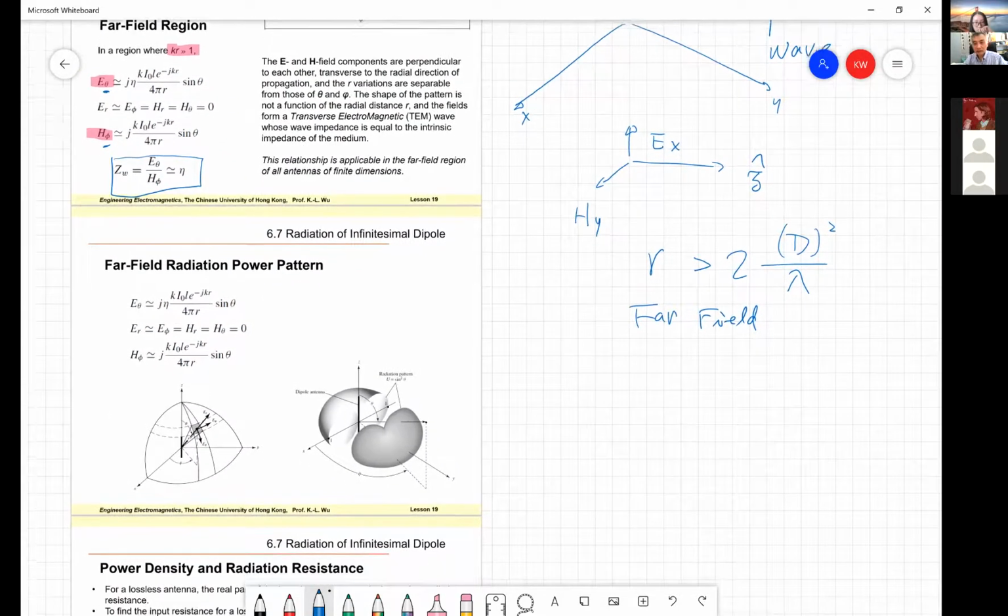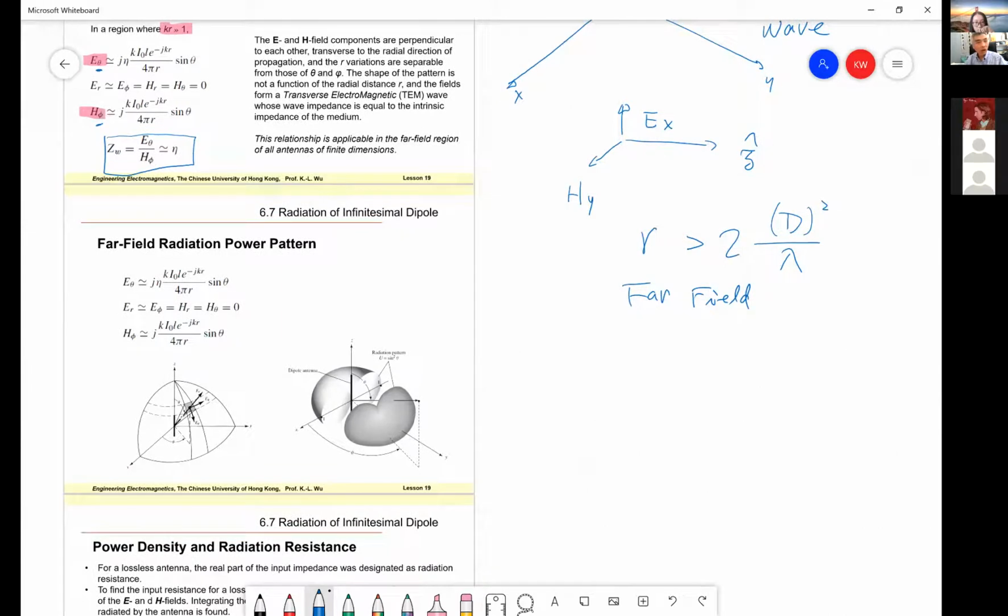But the interesting thing is we know how the antenna radiates in all directions: in what direction you receive signal most, and in what direction you receive nothing. This is what we call the radiation pattern.